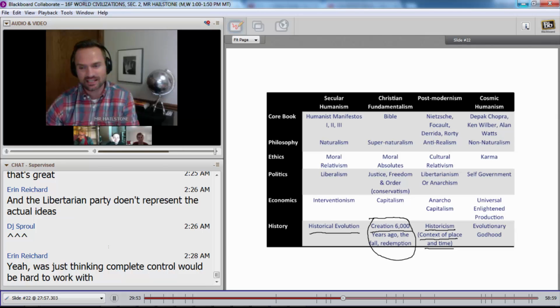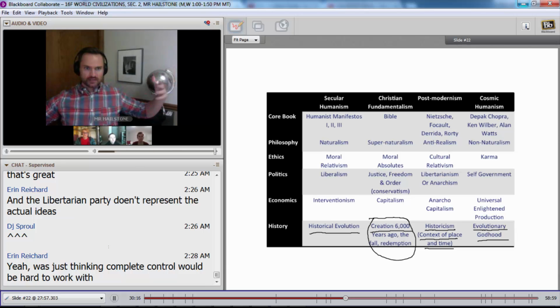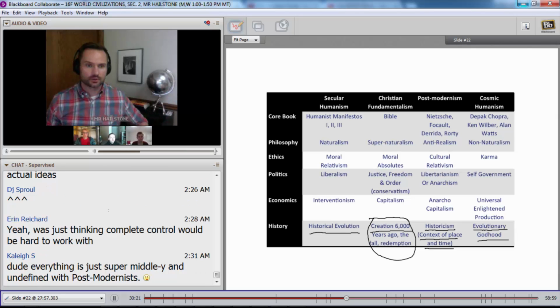Okay. And then this last one is going to sound super poofy la la. It's going to be kind of out there, and you might be like, what? What does that mean? Don't overthink it, okay? It's described as evolutionary godhood. But what that means is that man has risen above the animals, if you will, evolutionarily speaking, is self-aware, and therefore has stewardship or has, what's the word I'm looking for, has responsibility for the planet to take care of it.